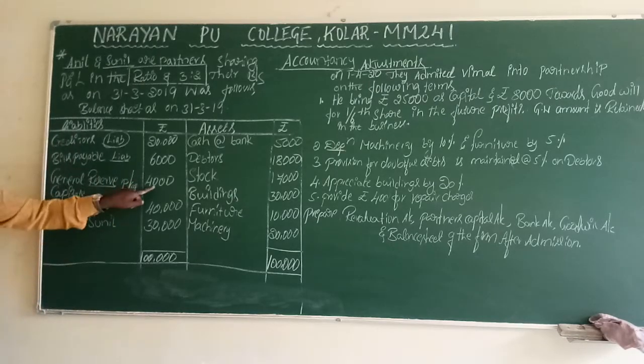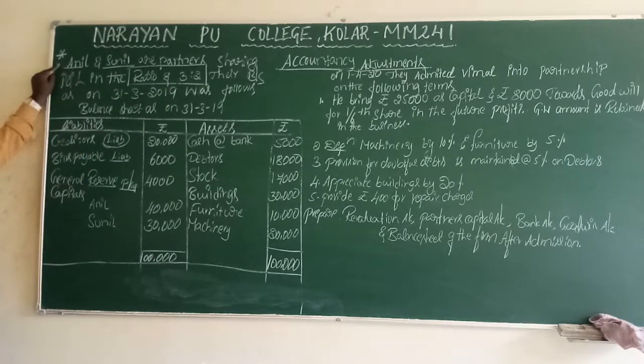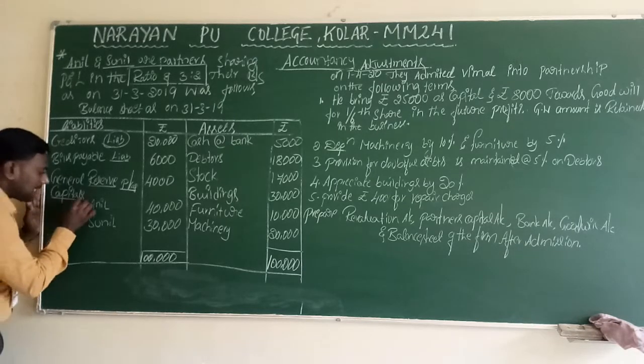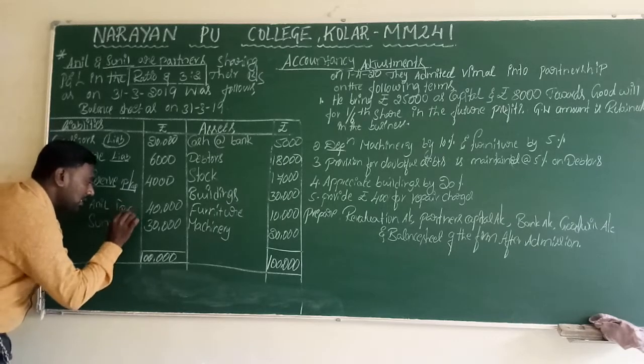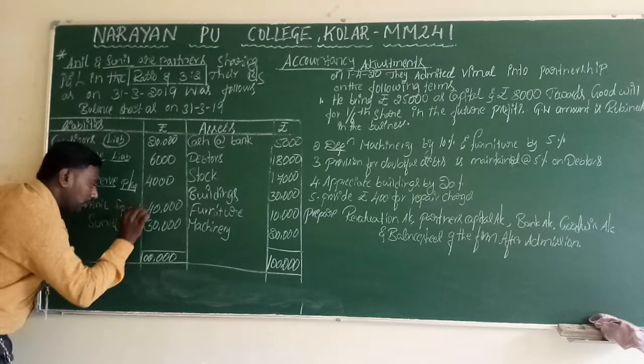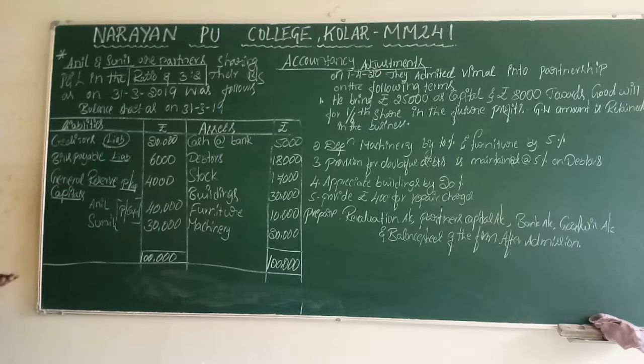So we have to distribute it according to this ratio for old partners only, not for the new partner. And capital belongs to the partners, so it will come to the partners' capital account. Like this we have to distribute the liabilities.